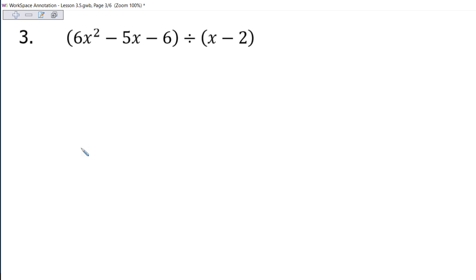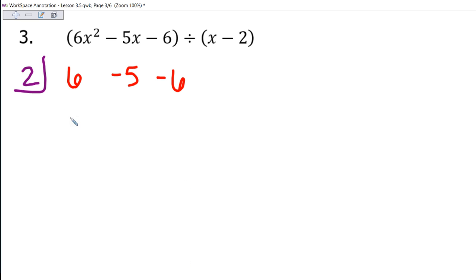The first thing we need to do is take the constant in the binomial and change the sign. So negative 2, change it to positive 2. Now across the top row, put your coefficients for the first polynomial. For x squared, put a 6. For x, put a negative 5. And for the constant, put negative 6.